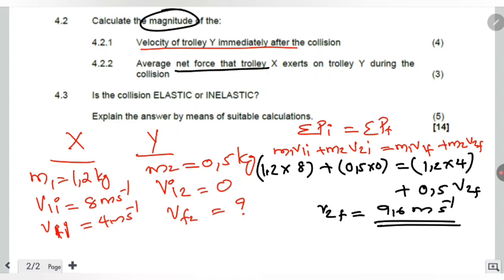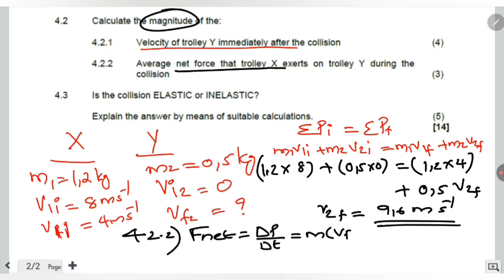Now next question, 4.2.2, average net force trolley X exerts on Y. For calculating the average net force, you can use either trolley X or Y. I'm going to use trolley X. F net is equal to delta P over delta t, which is m times (Vf minus Vi) over delta t. Mass of trolley X is 1.2 times final velocity 4 minus initial velocity 8, over the time.